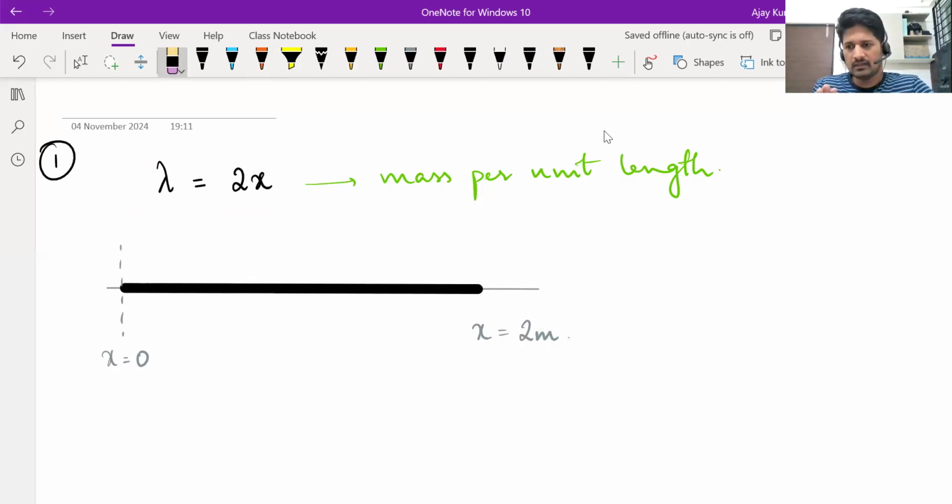Now try to guess. Will the center of mass of this non-uniformly distributed rod lie at its midpoint, or will it be to the left of the midpoint, or to the right of the midpoint?